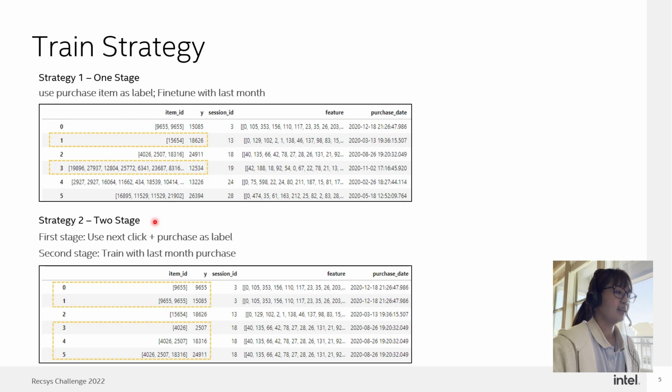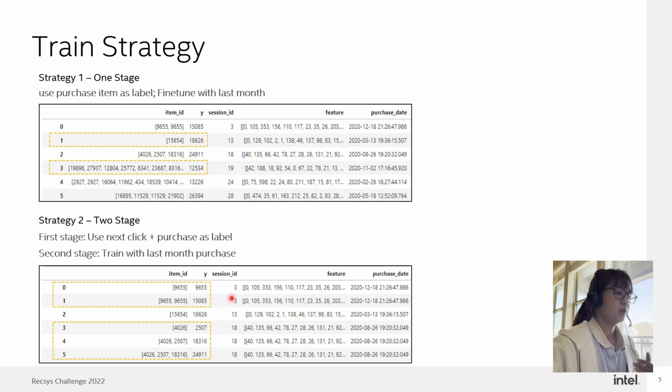Then we thought that since the next click also reveals the user's intention, how about we use the next click to pre-train the model, and then use the real purchase item to train the model? It's something like borrowing from transfer learning. We can train a model with a bigger data set, then train on the real problem.